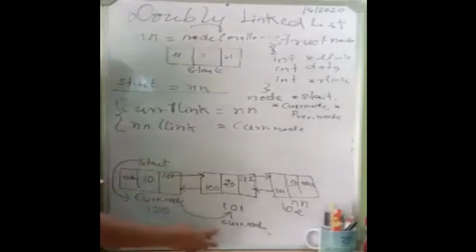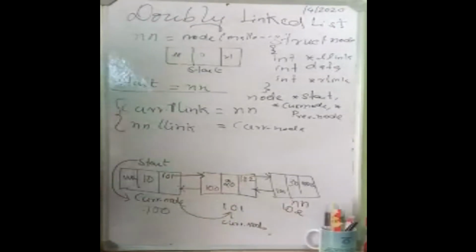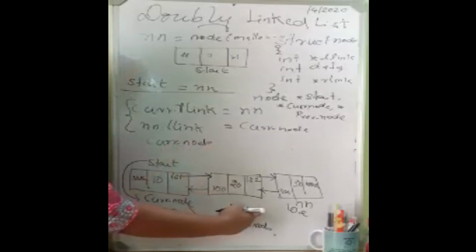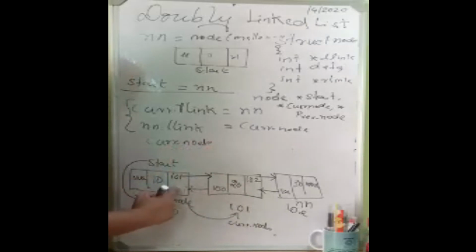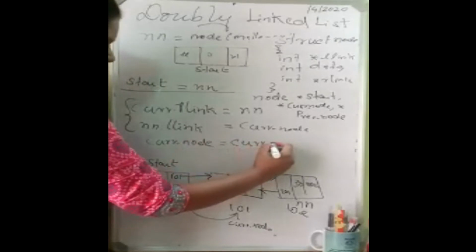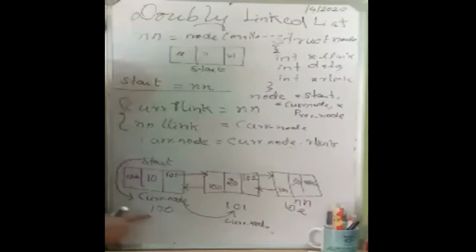And how do we move from here to here? Right, very good. Current node, because we are moving forward, which link do we have to use? We have to use the right link. So current node is equal to current node right link.